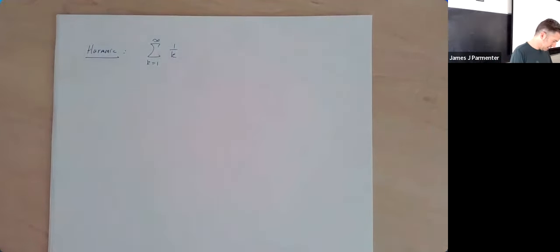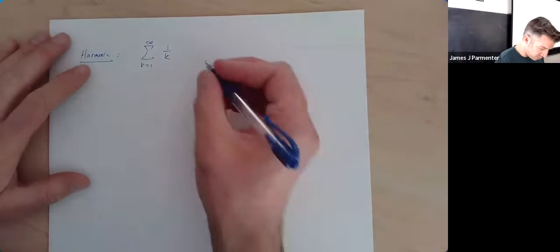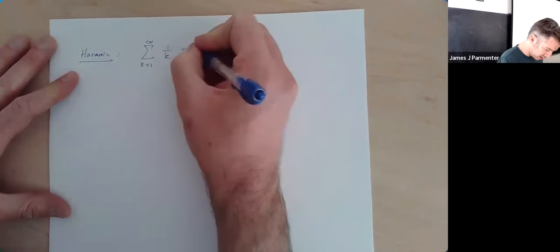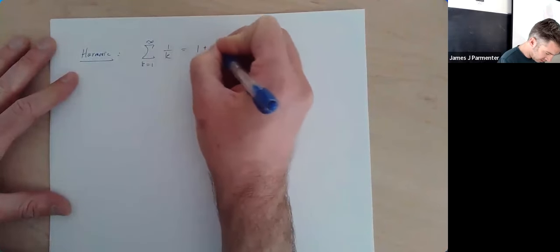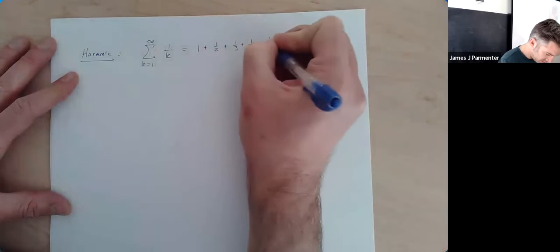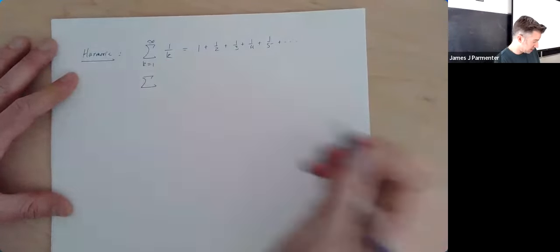It's the same thing, I'm just using k instead of n. If I write out terms, this is the harmonic series: 1 plus 1/2 plus 1/3 plus 1/4, which is the same as, I could just use a different index, which is what he's written there.